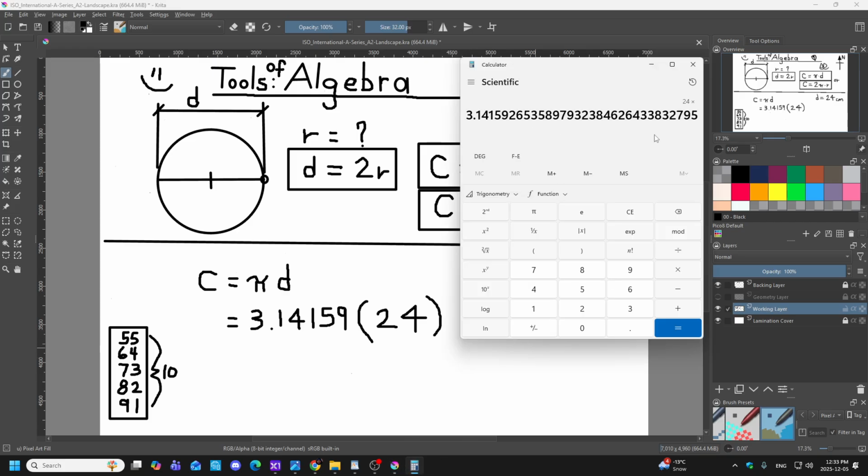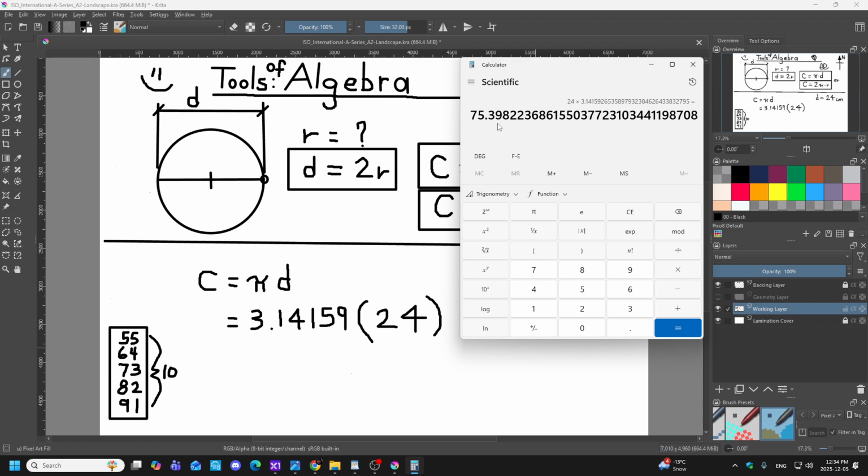Back to the calculator. I have to pay attention to this text that's right there. I can see it saying 24 times whatever's here, which is what I want, and press equal. I get 75.39. I'm going to round up because this 9 is going to change the 3 to a 4.